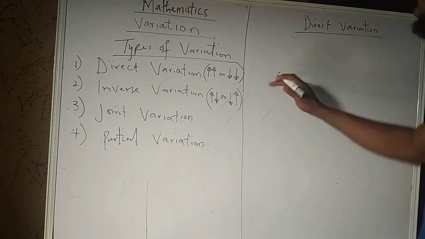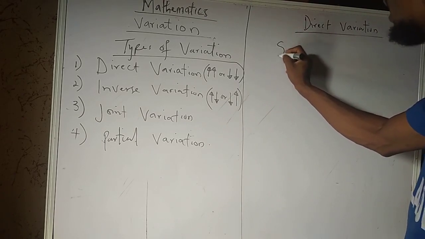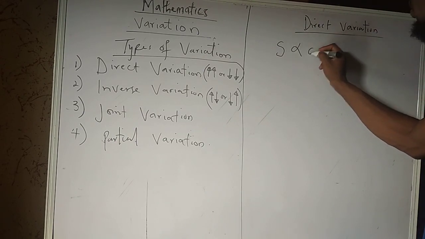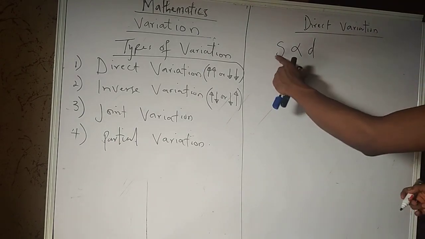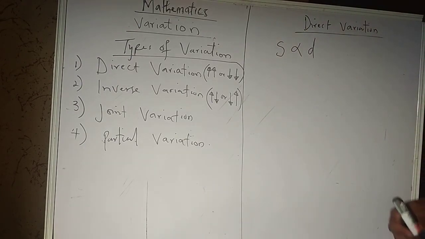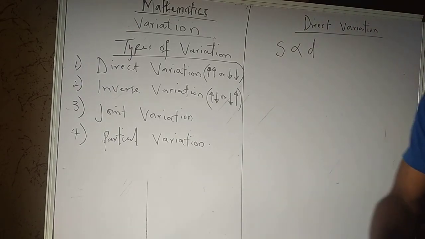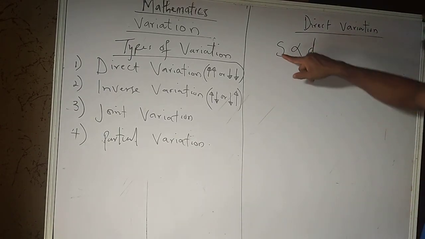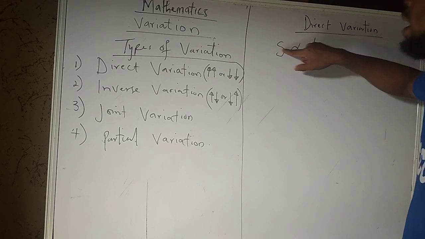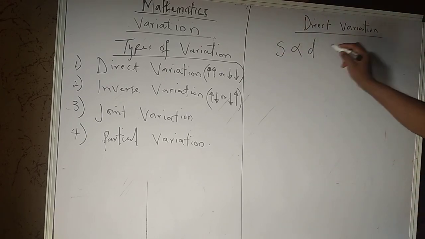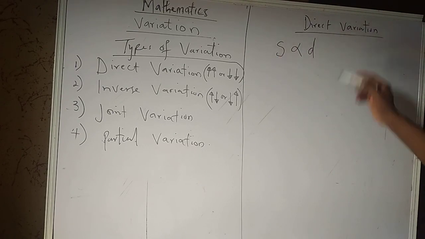So that means we can write this expression as S directly proportional to D. So we are saying that speed is directly proportional to D. Mind you, this S can be used to represent another quantity and D can be used to represent another quantity. But here we are representing this as speed and this as distance. So whenever you are to write a direct proportionality, this is how you write it.